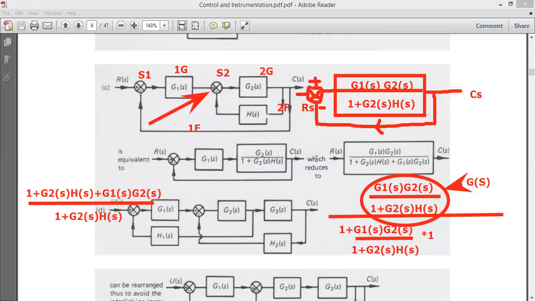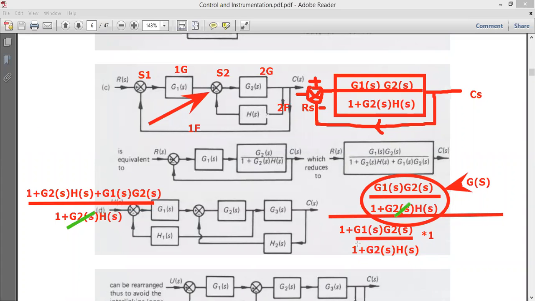Then what happens next? This denominator cancels with the numerator's denominator. I repeat, just see here how this cancels.